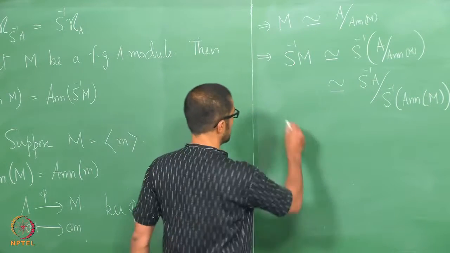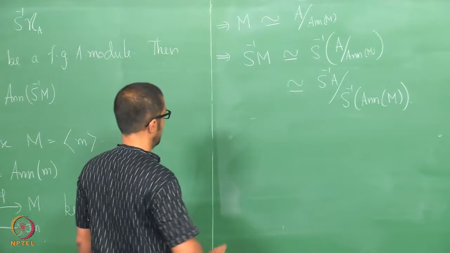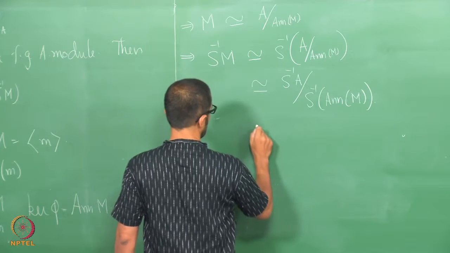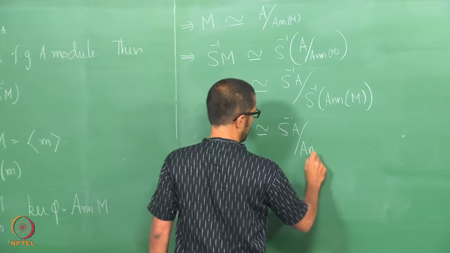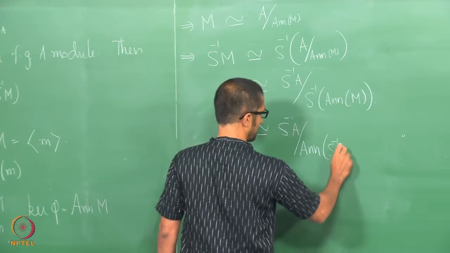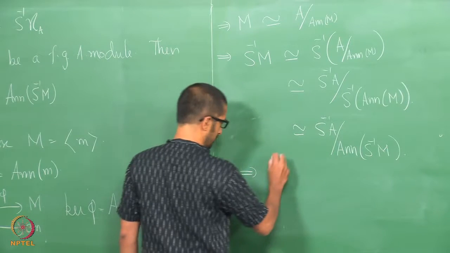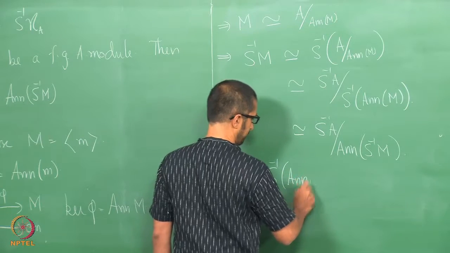Therefore, S inverse of annihilator of M is the same as the annihilator of S inverse M. So, this directly says that S inverse of annihilator of M.